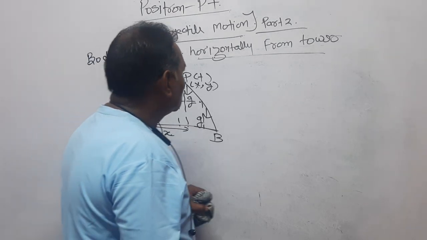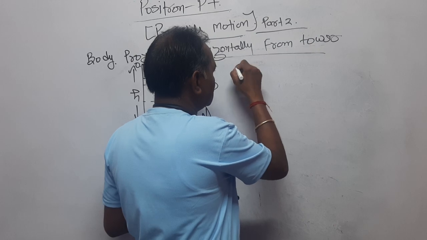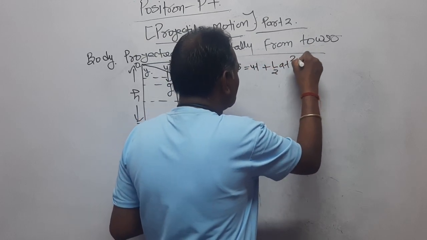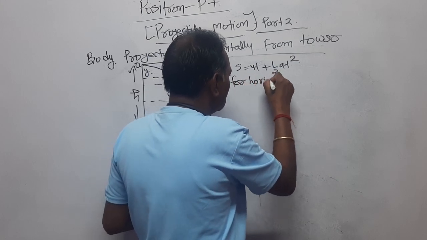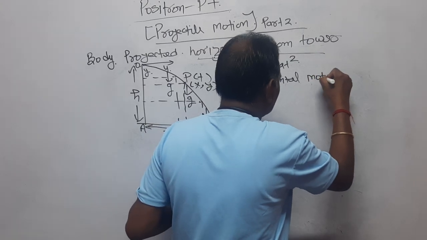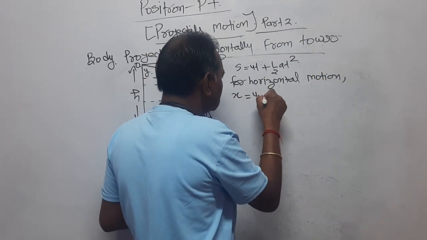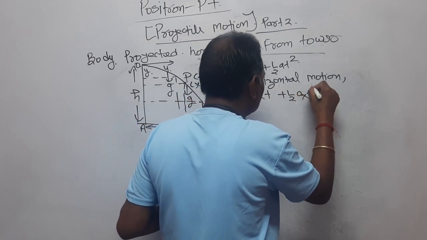Now, you know the second equation of motion is s equal to ut plus half a t square. Dear students, I am converting it for horizontal motion. In horizontal motion, how will we write? Let S be expressed by x, u as ux, into t plus half ax into t square.